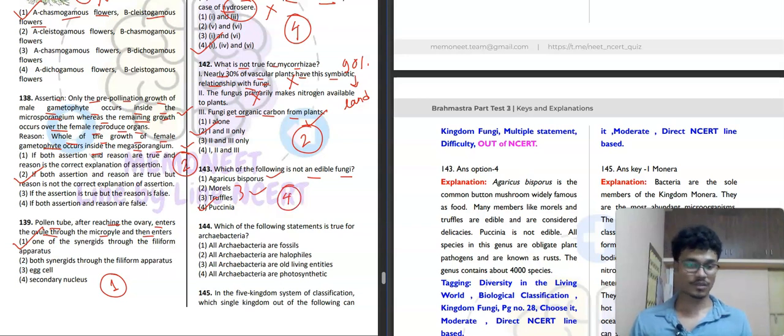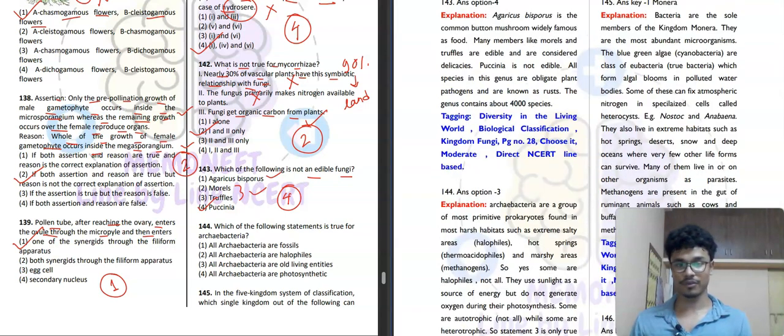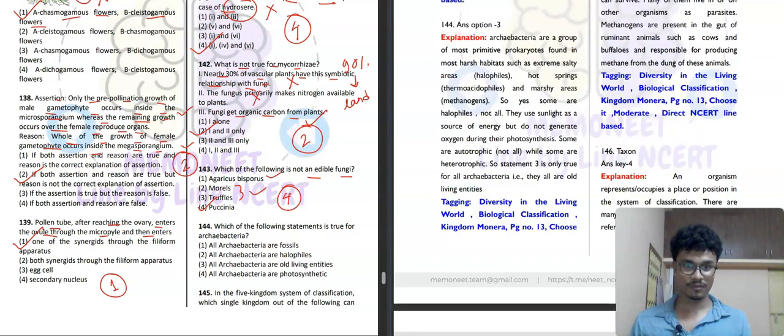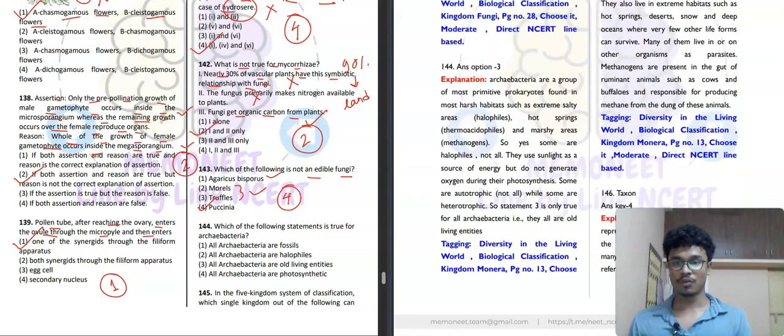Moving towards the next question, 144. Which of the following statements is true for Archaebacteria? It is saying that all Archaebacteria are fossils. No, not all Archaebacteria are fossils. All Archaebacteria are halophiles. No, not all Archaebacteria are halophiles.